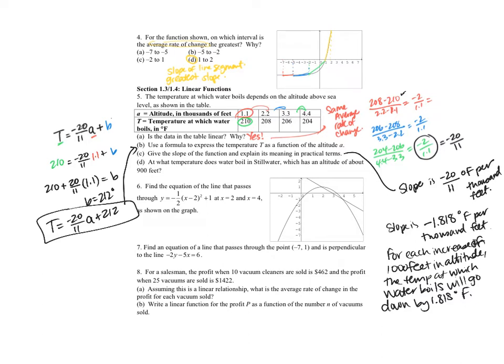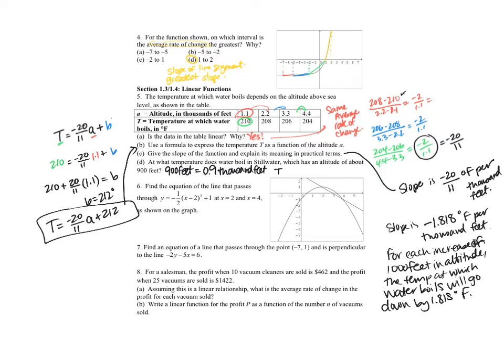At what temperature does water boil in still water, which has an altitude of about 900 feet? What we can do is convert that to thousands of feet. 900 feet is equal to 0.9 thousand feet, so that's what I want to plug in.